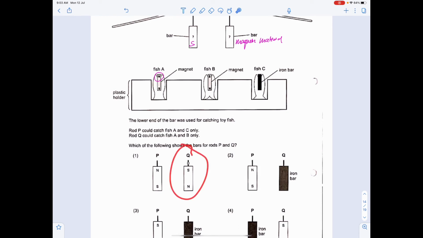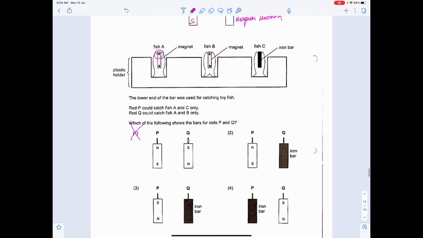But when you look at Q, is Q possible? No, because Q has the north facing here, this way. So Q by right will not be able to attract my fish A, because like poles should repel. So therefore, straight away, I can cross this out. And I'm pretty confident that Q needs to be an iron bar.